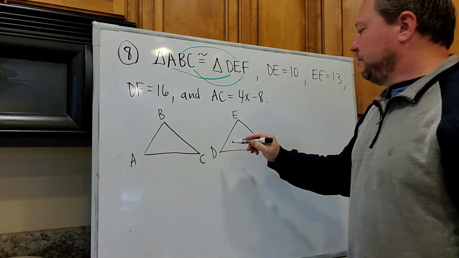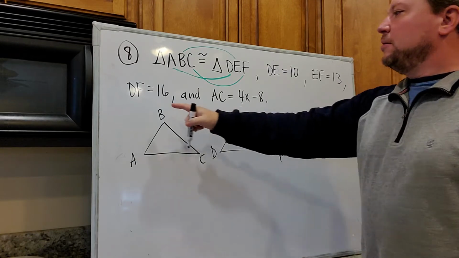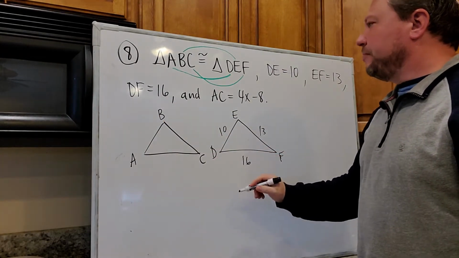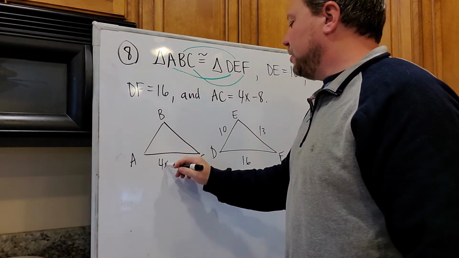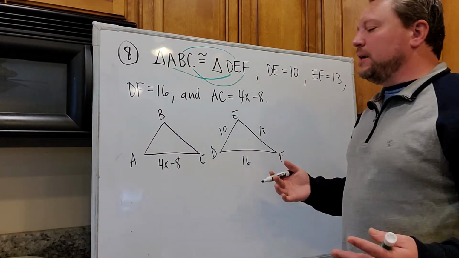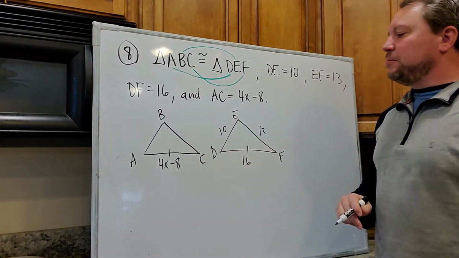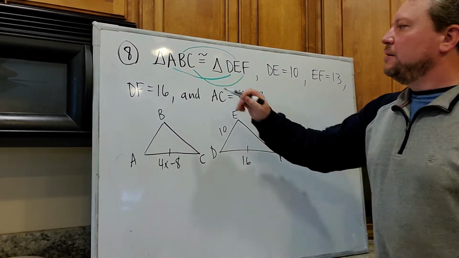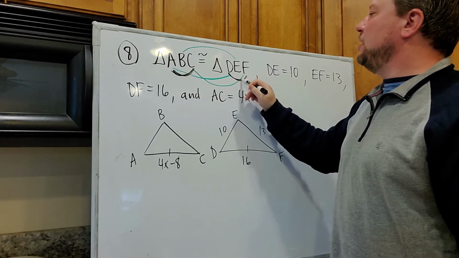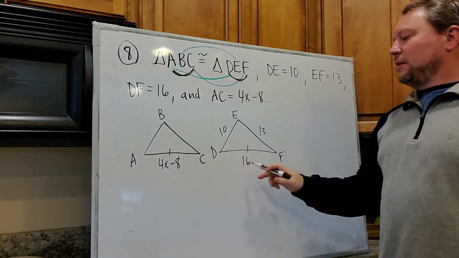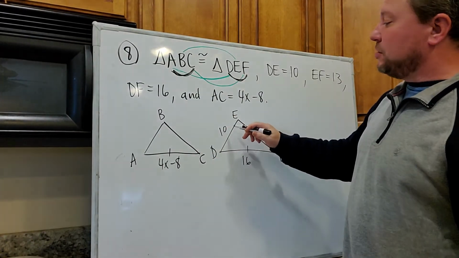DE is 10, EF 13, DF 16, AC is the 4x minus 8. Okay, with the picture now, I hope it's obvious. Do you see how the bottom sides here are supposed to correspond with each other? You know, the A and C here match the D and F there. A, C, D, F.